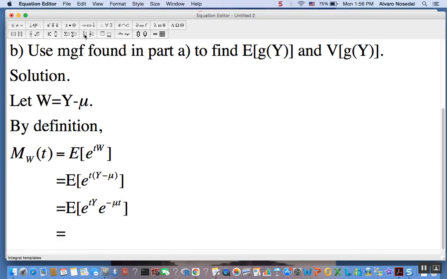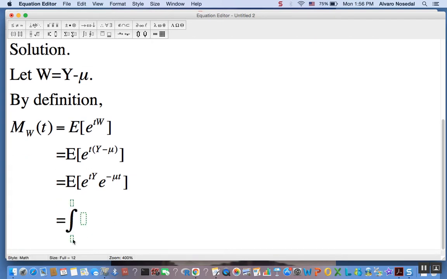Okay? This would be the integral from negative infinity to infinity of that transformation times the PDF of y.